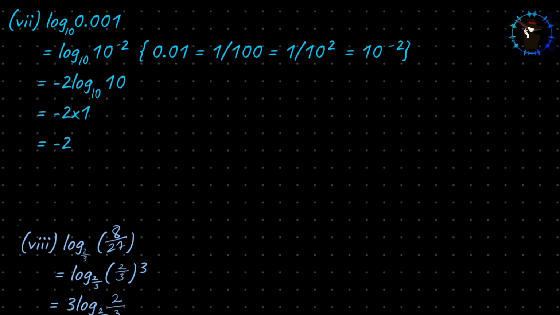Seventh one, log 0.001 with the base 10. Now, if we convert this 0.001 in the fractions form, this is what we get, 10 power of minus 3. We have three numbers here, so we get 3 zeros in the denominator. These 3 zeros get power 3.